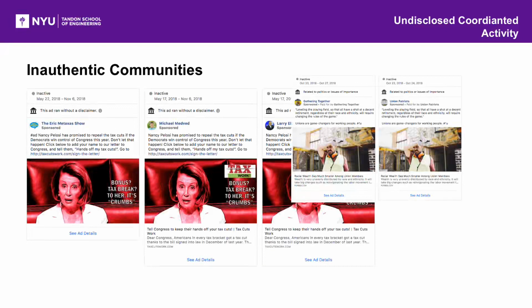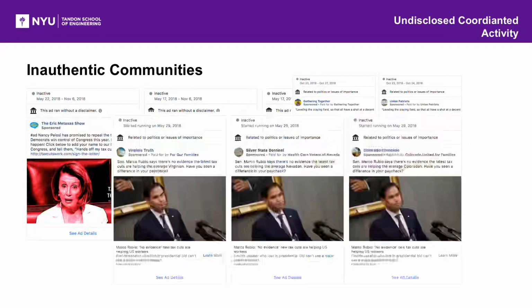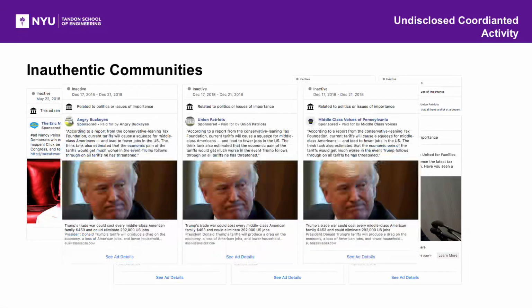One of these pages is aimed at African American women. The other is aimed at union members. Here's an example of geographic specialization. One of these pages is aimed at people in Virginia. One is aimed at people in Nevada. The last in Colorado. And here's an anti-Trump ad that's aimed at Ohio, union members, and people in Pennsylvania.